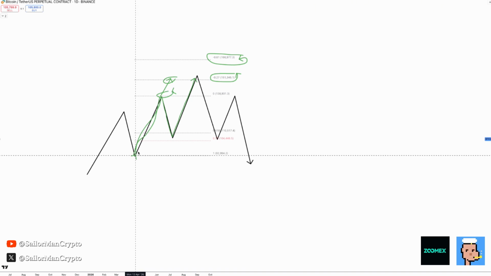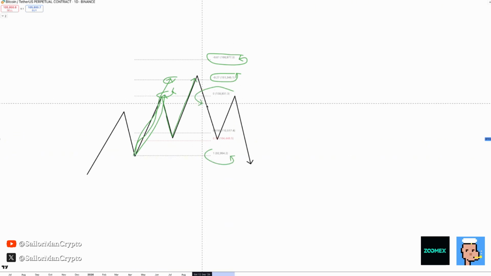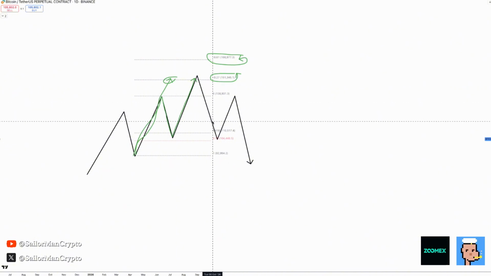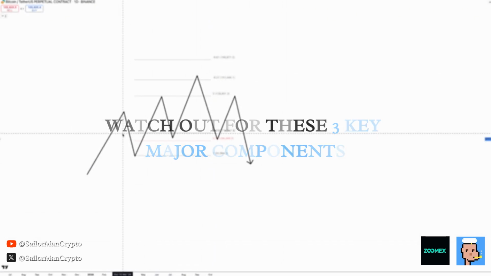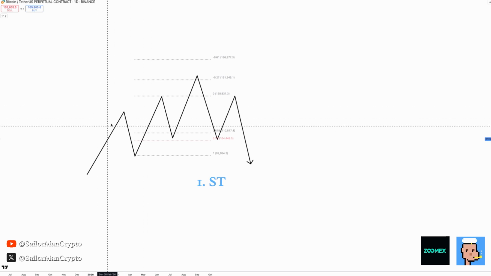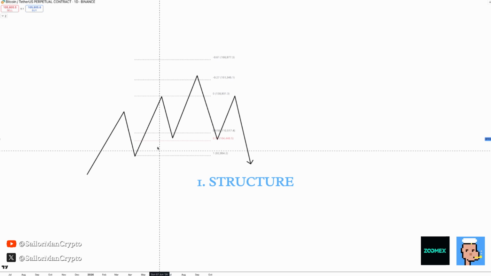So 1.27 means if this is 1 and this is 0, then 0.27 more. So these are the three major components that you have to see on the three drive. The first one is the structure. You want to see the three drive in a trend, bullish or, as we say, bearish.